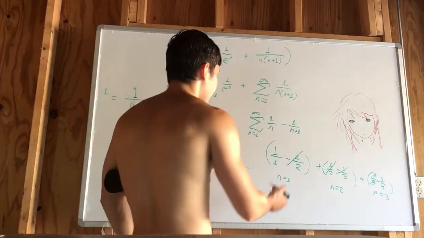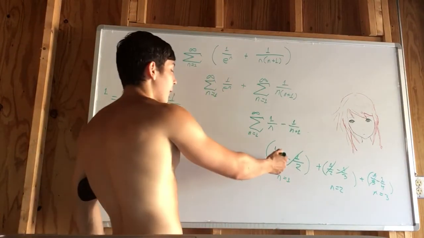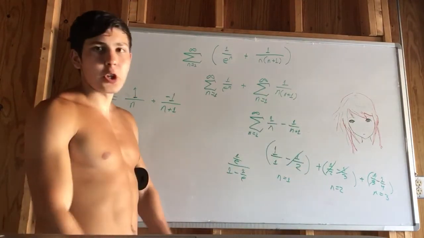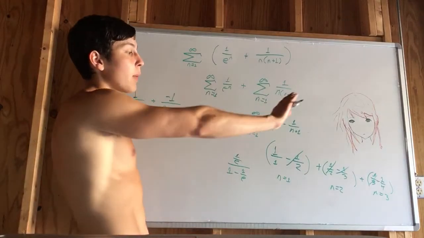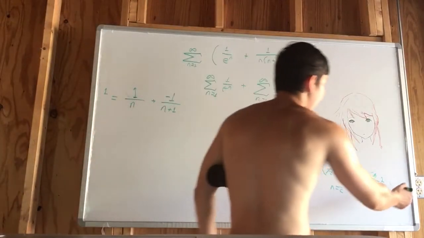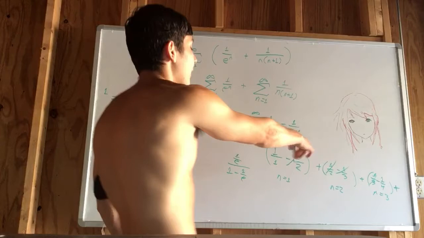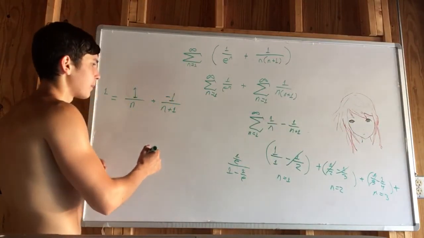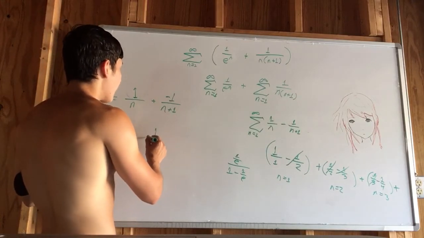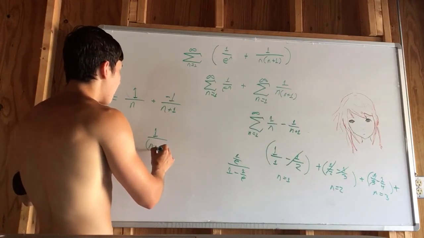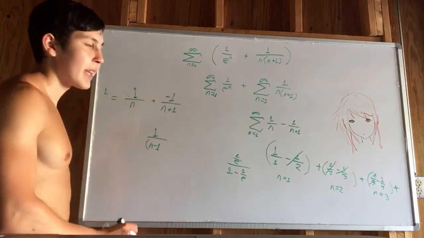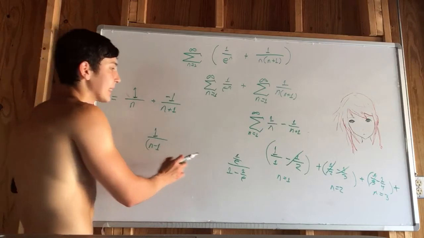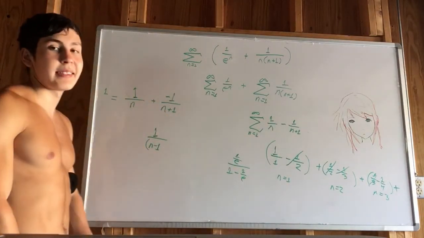So the only thing we're left with, really, is the first term, and then we have to see what happens way at the other end. So how do we find out what happens way, way, way at the other end once we've added so many? Because everything seems to be canceling out. What happens at the very end? At the very end, we have 1 over n minus 1, right? Because that's like 1 less than just plugging in n.